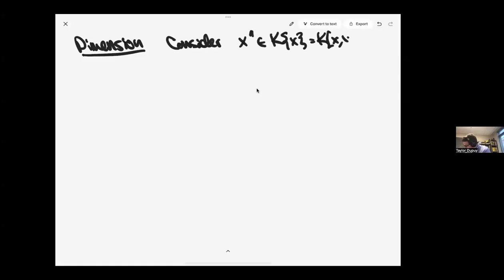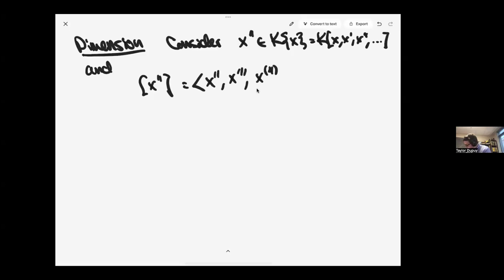We look at its associated differential ideal, which is x prime prime, then the third, then the fourth, and it keeps going like this. This is the differential ideal.